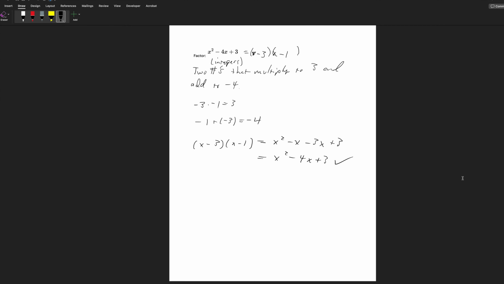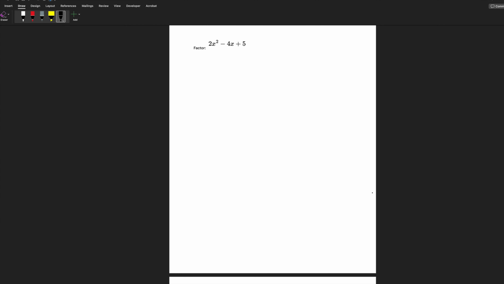So now let's look at one more example where that leading coefficient is not 1. That leading coefficient is 2 now. So what we'd need to do is, if possible, find two integers that multiply to AC, using the AC method, which here would be 2 and 5.